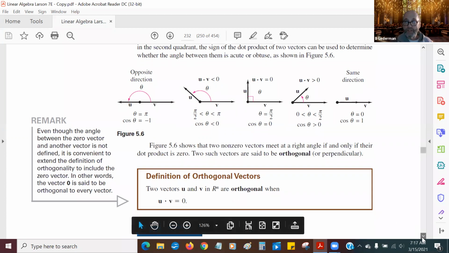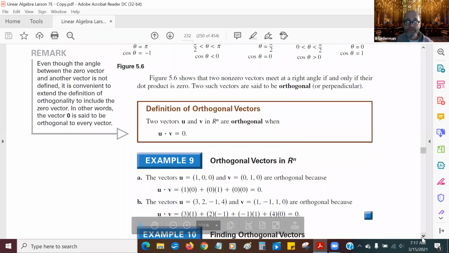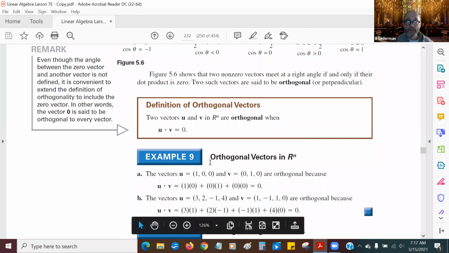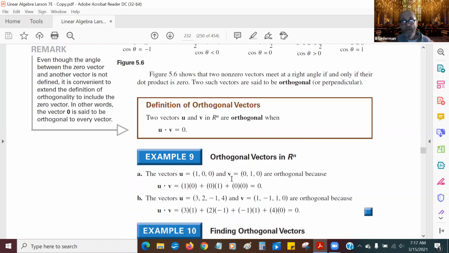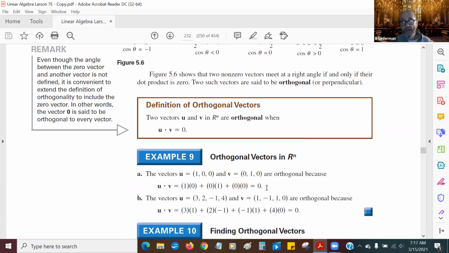Let's look at some examples of orthogonal vectors here. Example 9 is a very simple one. Here we are in R3, U is the vector 1, 0, 0, and V is the vector 0, 1, 0. These are orthogonal by the formula, because U dot V is 1 times 0 plus 0 times 1 plus 0 times 0, and of course that equals 0.